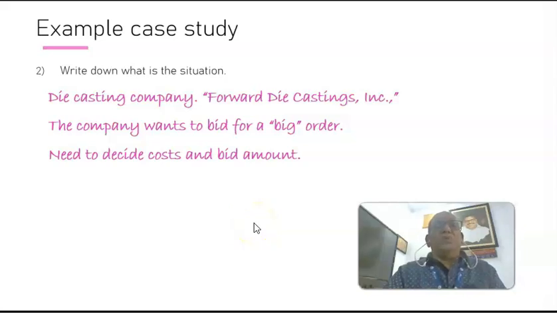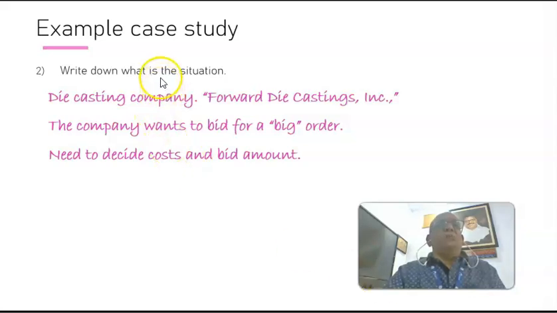Most of the salespeople and presidents of big companies are really worried about what cost to specify as a bidding amount. Because if it's too high, it may not be liked by the customer. If it's too low, then also that amount may not be liked by the customer, and it may not be profitable to you. Where is the equilibrium? That is really difficult to decide unless you do a thorough analysis.